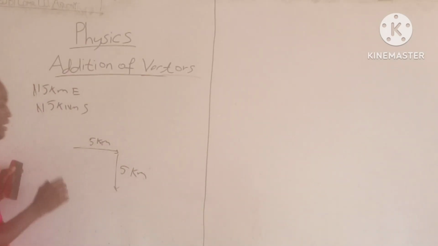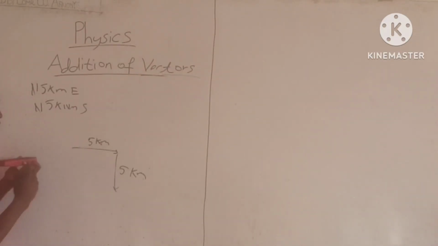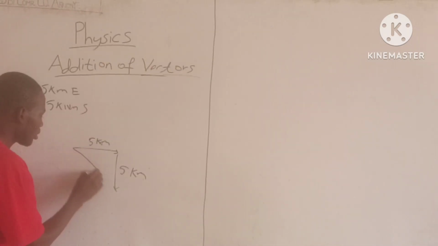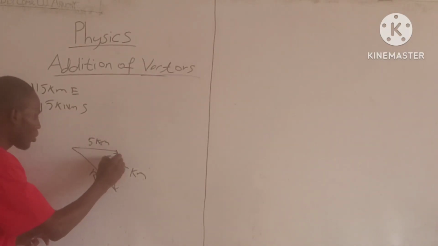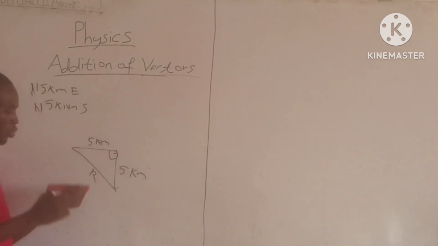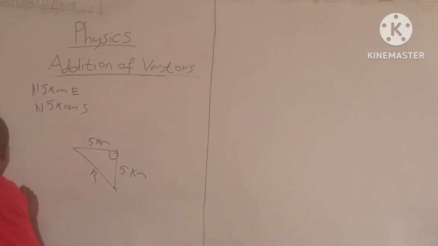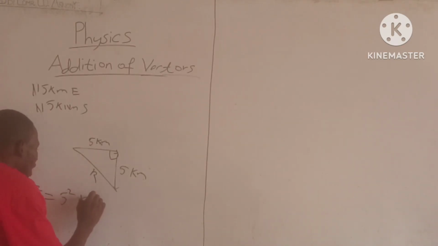You get the resultant by using Pythagoras' method. This is the resultant R. Since they are inclined at an angle of 90 degrees, you use Pythagoras' method to get the resultant by saying R squared is equal to 5 squared plus 5 squared.